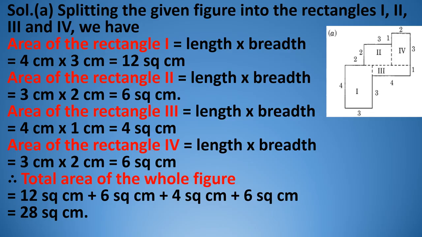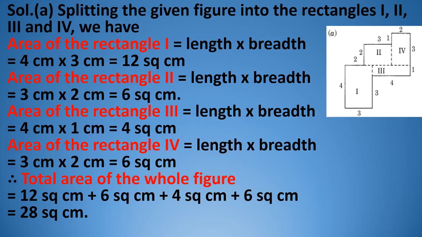Area of third rectangle is 4 centimeter multiplied by 1 centimeter equal to 4 square centimeter, and area of fourth rectangle is 3 centimeter multiplied by 2 centimeter, which is equal to 6 square centimeter. So this is the area of 4 rectangles.